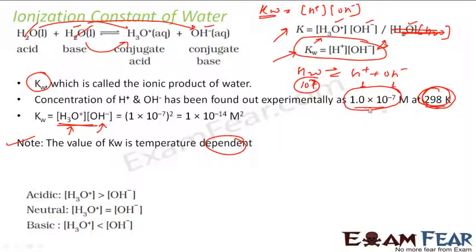Both are 10 to the power minus 7, so Kw becomes 10 to the power minus 14 molarity square. This is the Kw unit, moles per liter square.